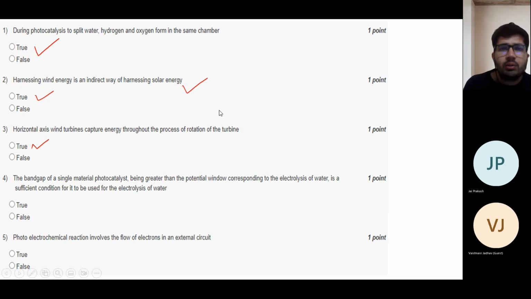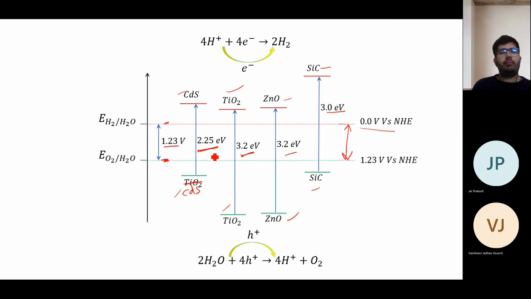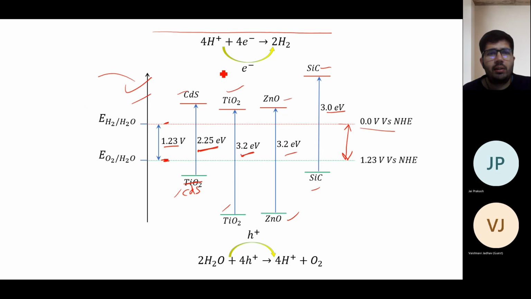Let me just show you that slide. You can see in this slide, this is a different reference and these data are having different reference. Suppose this is having absolute reference values, and here you can say the zero electron volt value is at vacuum conditions, and these are for different semiconductor materials.